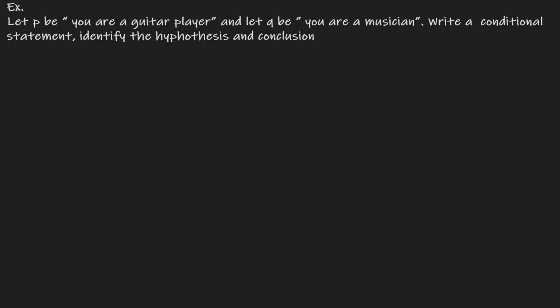It says, let P be the statement, you are a guitar player, and let Q be another statement, you are a musician. What we want to do is write a conditional statement. This is our objective.